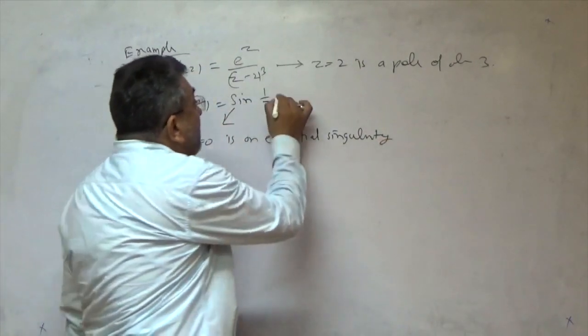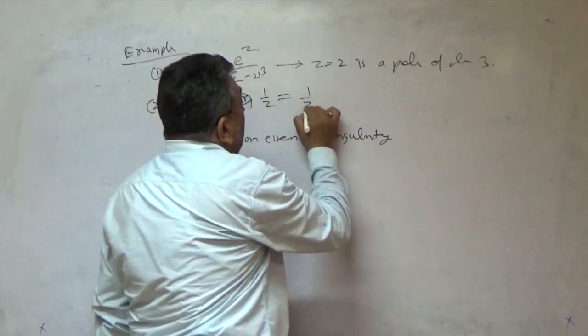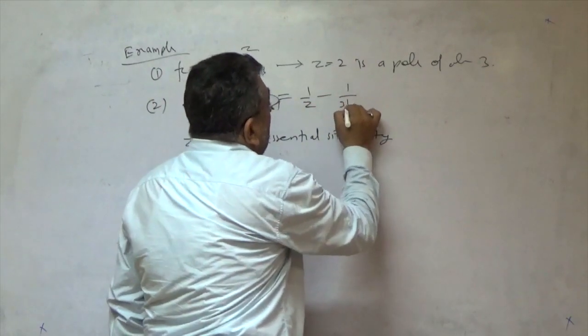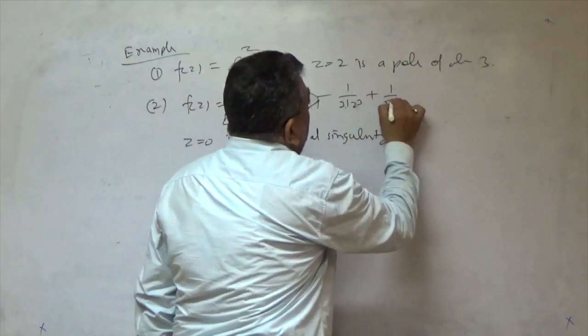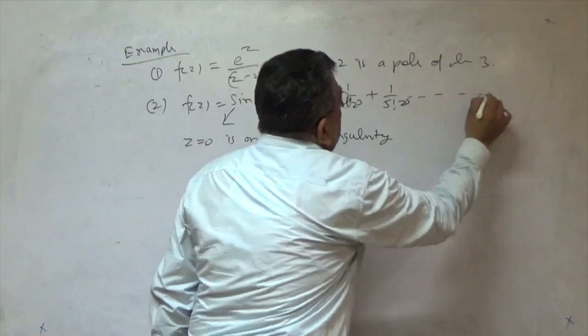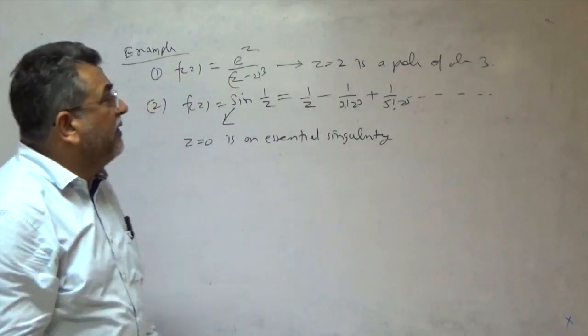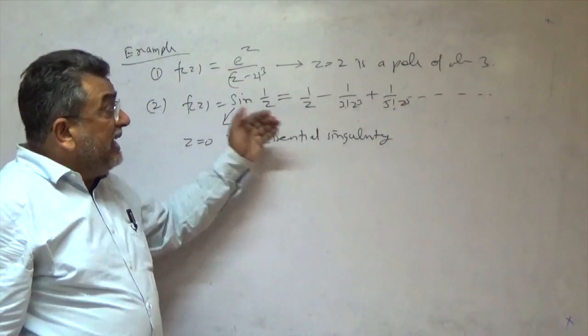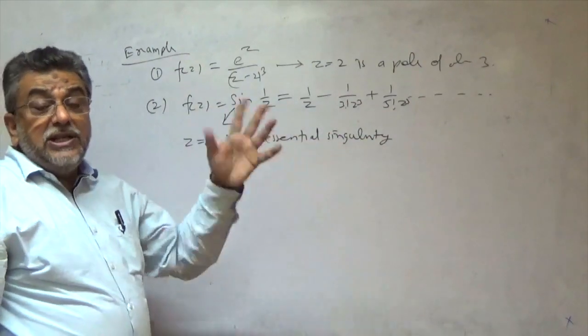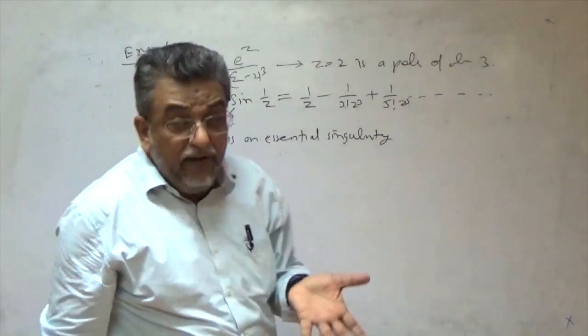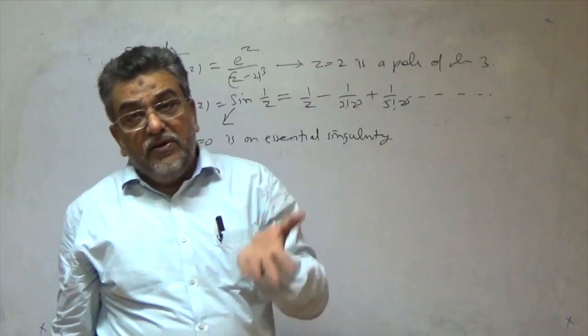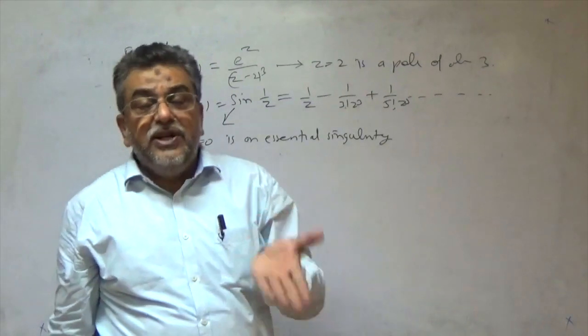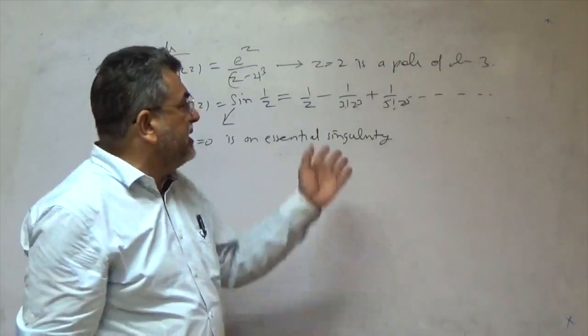Because if you expand this by the sine series, then 1 by z minus 1 by factorial 3 z cube plus 1 upon factorial 5 z to the 5 and so on. So here we see that the series for z equal to 0 contains infinite terms. As I told you, if the principal part contains an infinite number of terms, then z equal to a is called an essential singularity. Similar here.